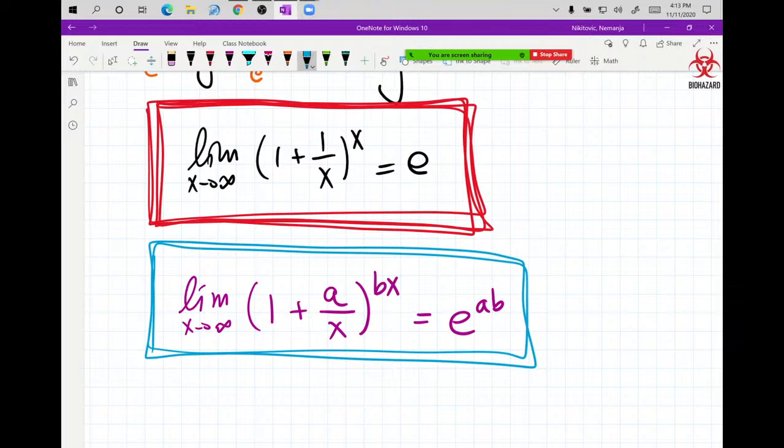But if you put a to be 3, then your answer is e cubed. If you put a to be 3 and b to be 4, then you have e to the 12 as your answer. So yeah, that's going to come up. I hope you're going to remember it.